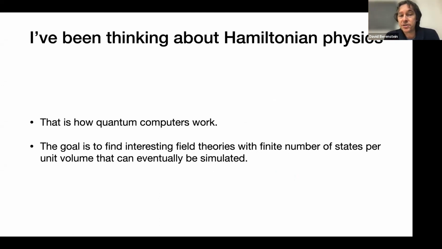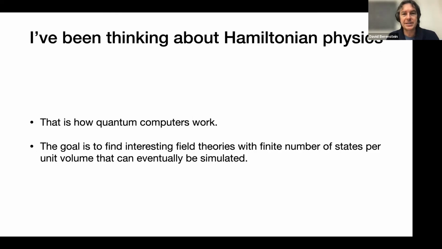So the goal is to find interesting field theories. And then because it's quantum computers, we eventually want to have finite number of states per unit volume on a lattice that can eventually be simulated. But today we're going to talk about bosons, and bosons have, in principle, infinite occupation number. So I'll tell you how to go from bosons to these more quantum gadgets along the way.